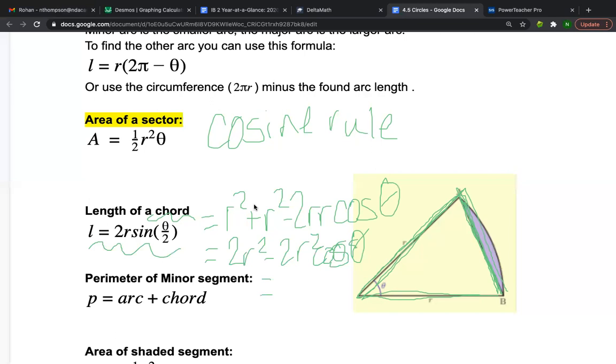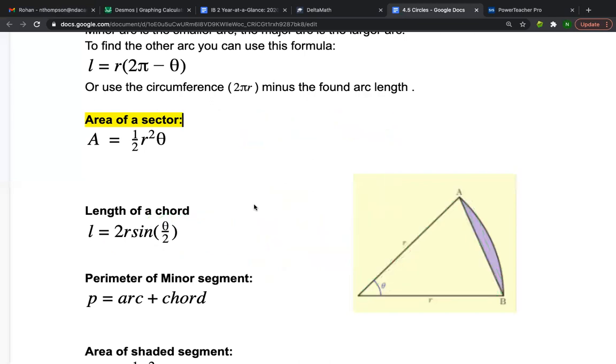But you do have a way of finding the length of a chord without that formula, which is why I assume they didn't put it on the formula sheet. In terms of typing it into your calculator and how quickly you can move, this formula here is a convenient one to know and have memorized if you think you can. But again, it's not one you have to memorize because there is another way to approach it using cosine rule.